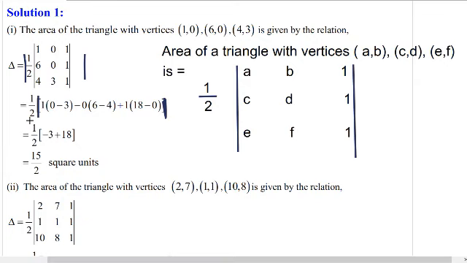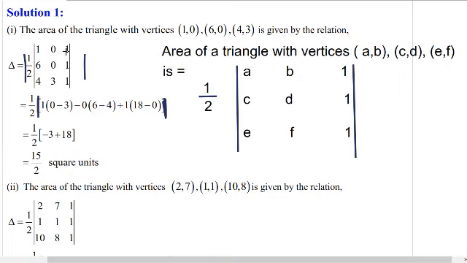I've put half here according to the formula. Then this one, then this term with changed sign, and then this one. Once you write this 1 here, hiding its column and row, you'll get 4 elements, then 0 minus 3. Similarly, once you write this 0 here, hiding its column and row, you'll get 6, 1, 4, 1, and 6 minus 4 is 2, and 2 into 0 will be 0.